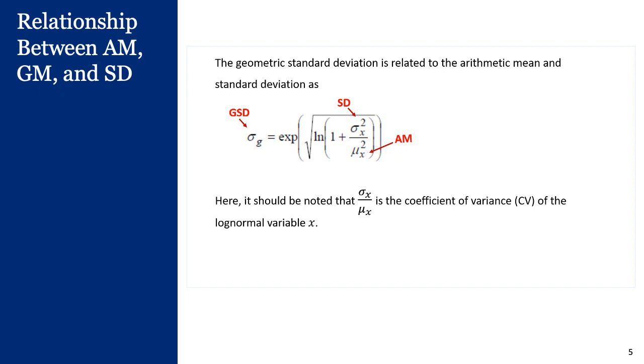As we can see, sigma x divided by mu x is the coefficient of variance, which means the relative standard deviation, or the standard deviation divided by the mean. You take the square of this ratio, add 1 to it, take the logarithm of it, take the square root of it, and exponentiate it. And so the geometric standard deviation, again, is a quantity that is going to be greater than or equal to 1.